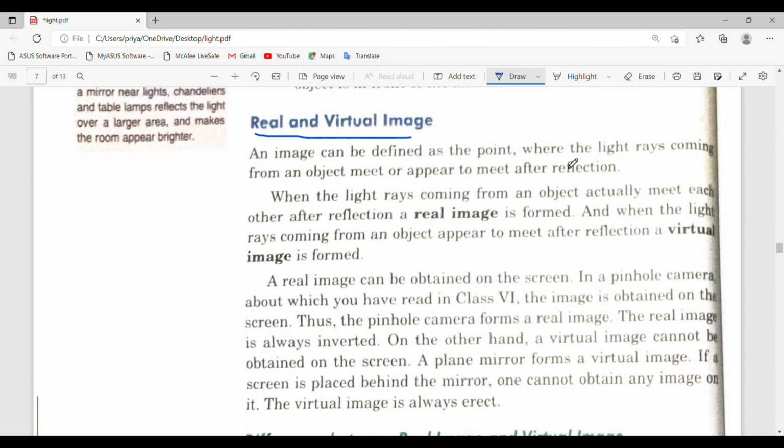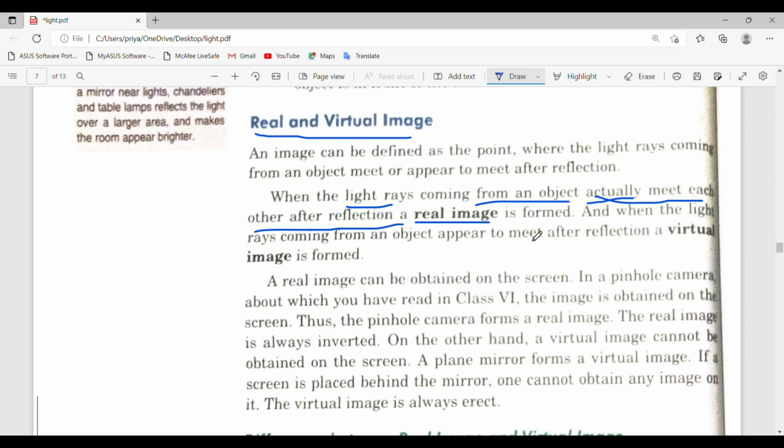What is a real image and what is a virtual image? When the light rays coming from an object actually meet each other after reflection, it is known as a real image. Okay? It means the light rays actually meet each other after reflection.